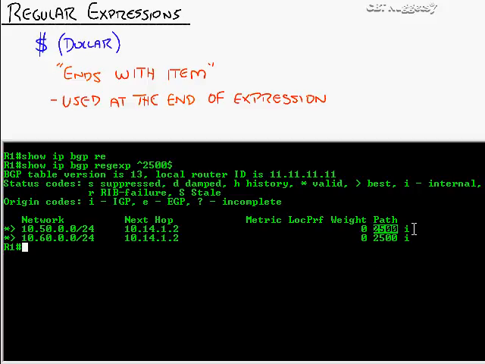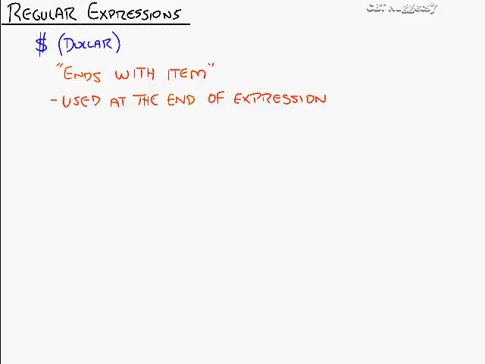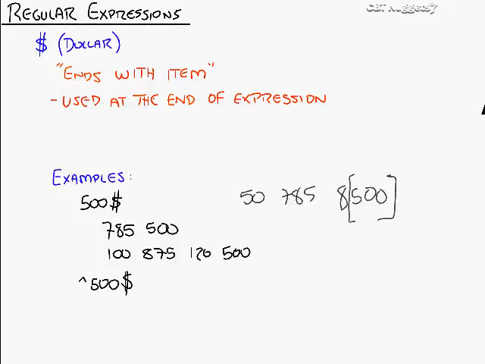By the way, regular expressions do not encompass the origin, which is I, E, or question mark. It's only the autonomous system numbers. So this will only focus in on those routes that have 2500 and only 2500 in the string. This is great because we're able to focus in on just one autonomous system, and we can say, I either want to see routes or not see routes from this.